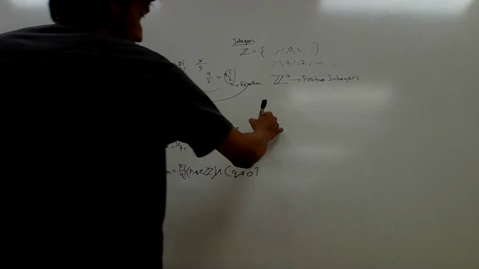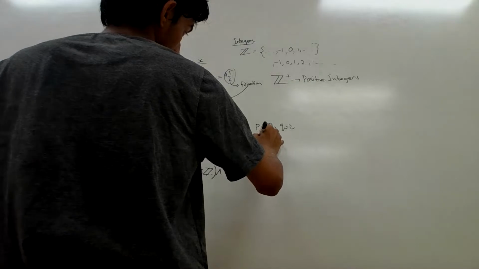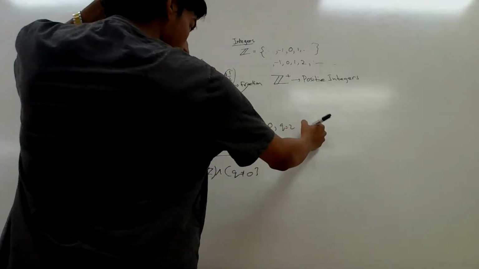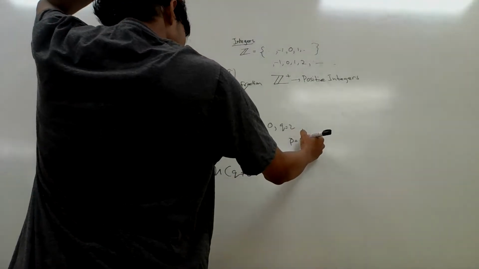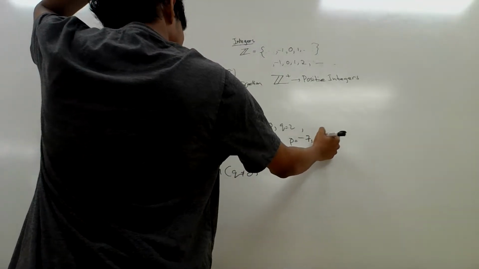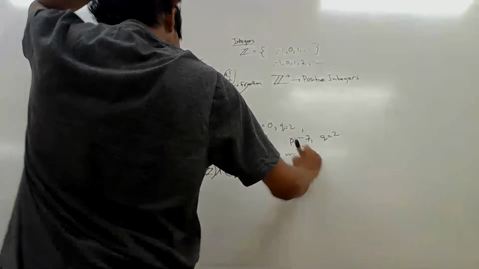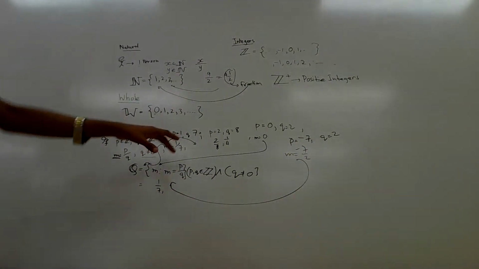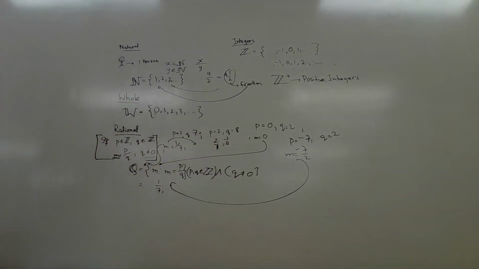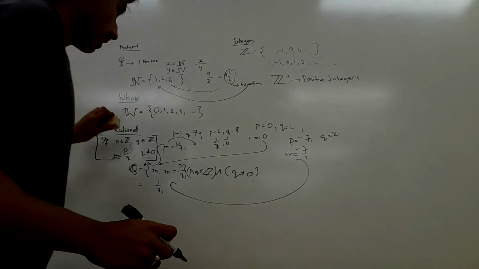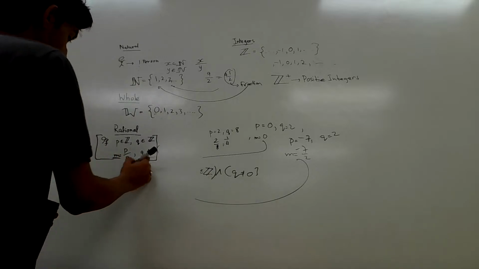You can take p equals 0, q equals 2, which gives m equals 0, which also goes in the rational numbers. You can take another example, p equals -7, q equals 2, so -7 by 2 is m. This also goes in. So whatever you can construct with this set of rules is a rational number. This is written with Q.